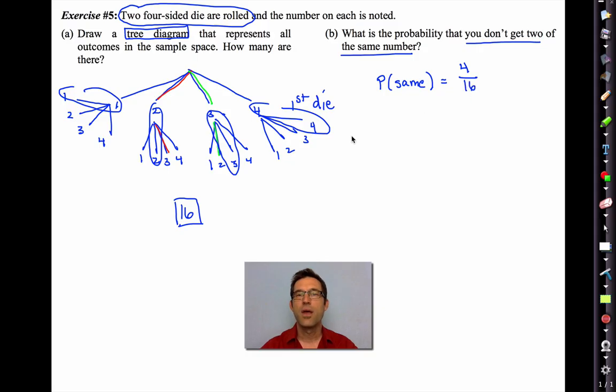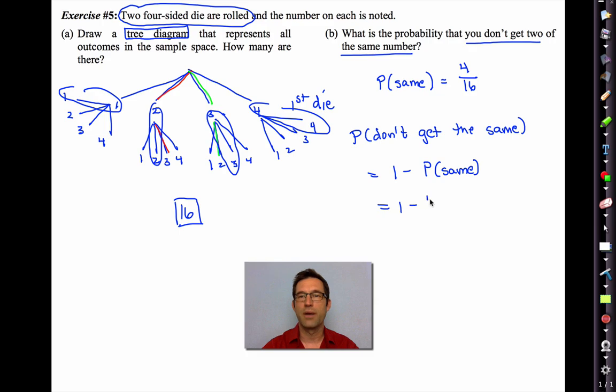16. So the probability we don't get the same number will have to be 1 minus the probability that we do get the same number. So that'll be 1 minus 4/16, and that will be 12/16. It's okay to leave it like that.